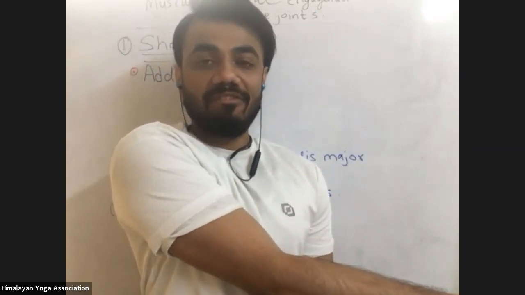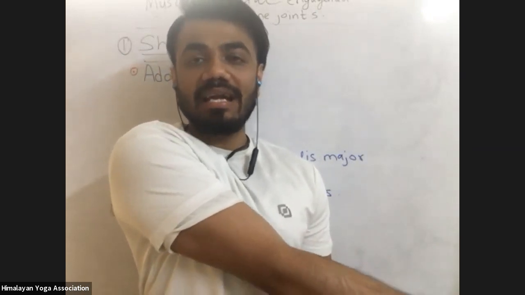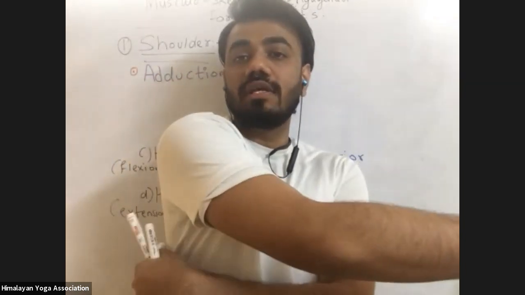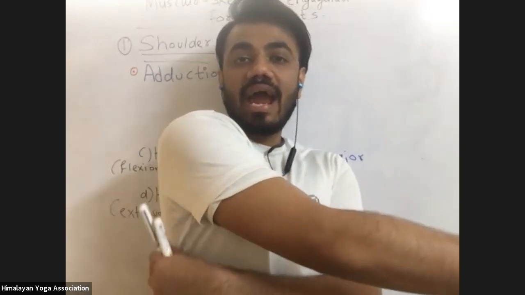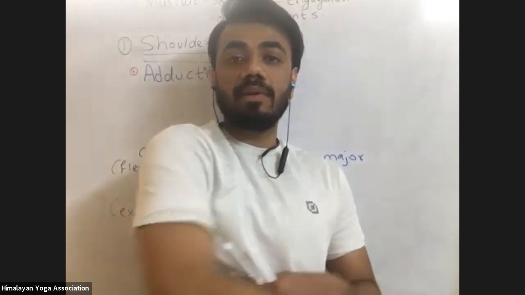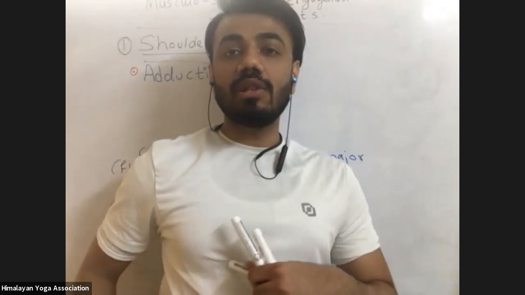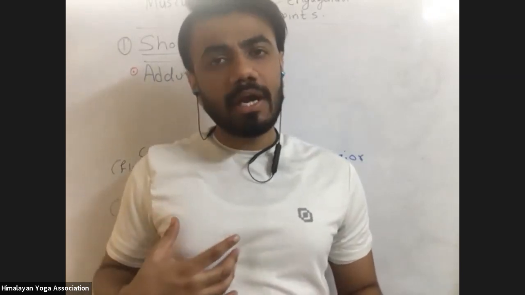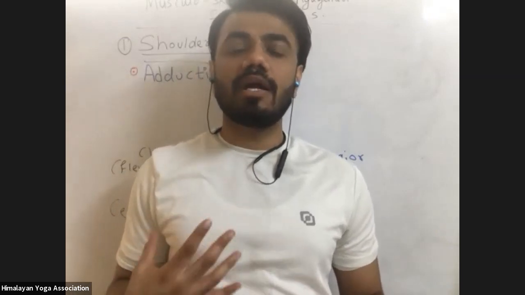We have the inferior pectoralis muscle and latissimus dorsi getting contracted or engaged. So here you will see the lats and the inferior pectoralis major. Inferior means at the lower part of the chest, we have the same pectoralis major at the lower part.